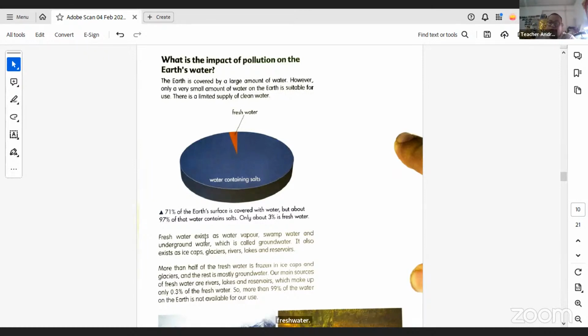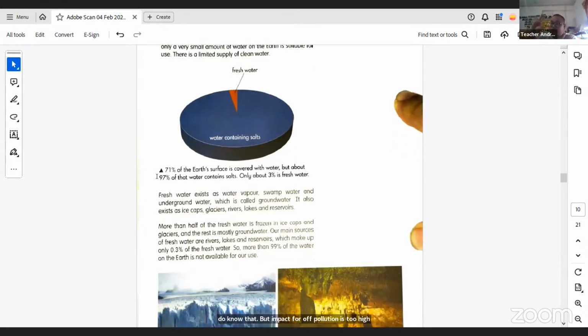The other 97% is too salty, we cannot drink. So because of this 3%, there is a limited supply of clean, fresh water. We need to save water, we need to conserve water, and we need to know that the impact of pollution is too high.